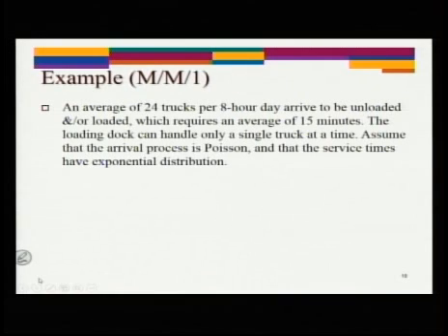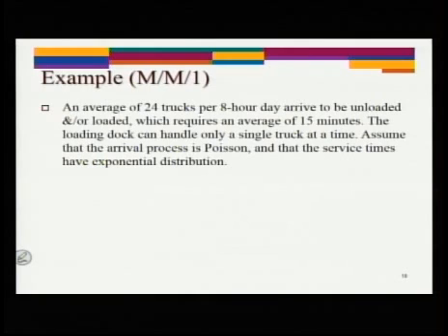Okay, now let's take an example problem for the M/M/1 queuing model. In this example, an average of 24 trucks per 8-hour day arrive to be unloaded and or loaded, which requires an average of 15 minutes. The loading dock can handle only a single truck at a time.